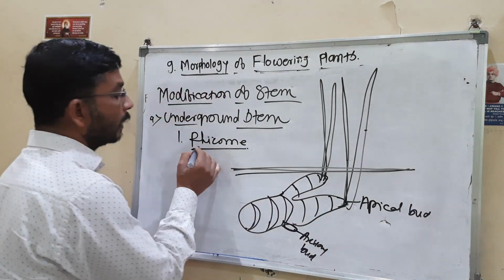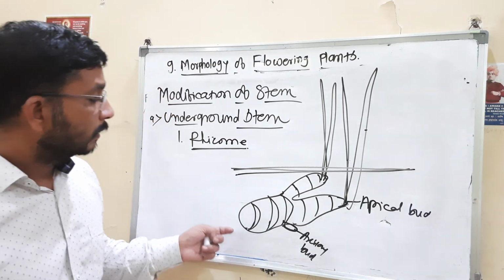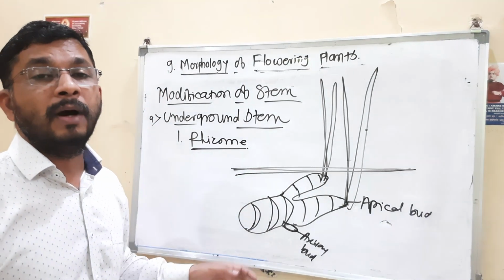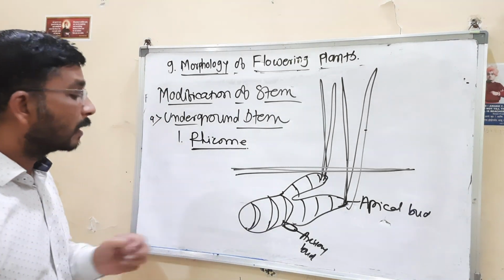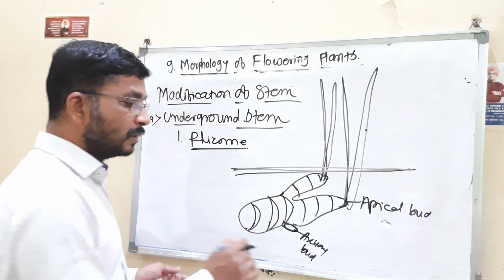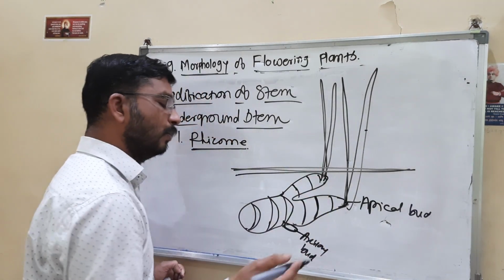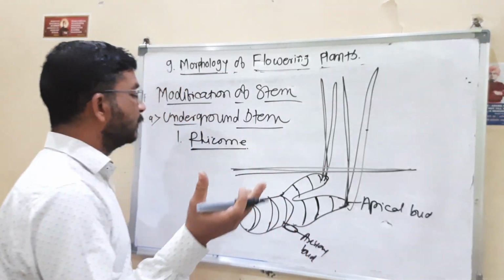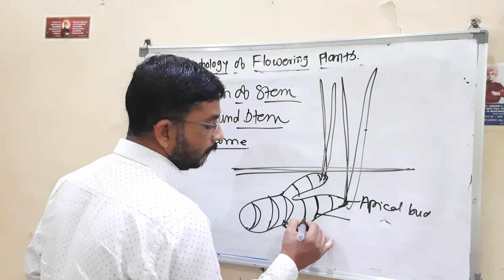inside this rhizome. Then one question arises in your mind: sir, this structure is under the soil, how can we call it an underground stem? Because on the surface of the rhizome, you can observe at home, if you take a piece of ginger, we find this type of structure.